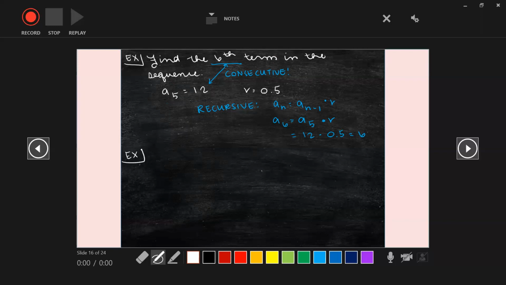You'll have a question with the same directions, find the sixth term, but instead your instructions will give you a sub 7 being equal to something.